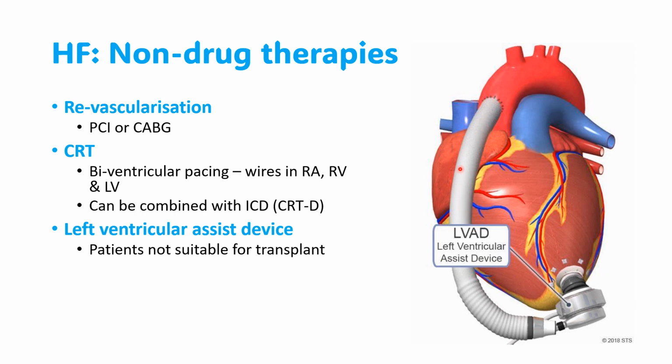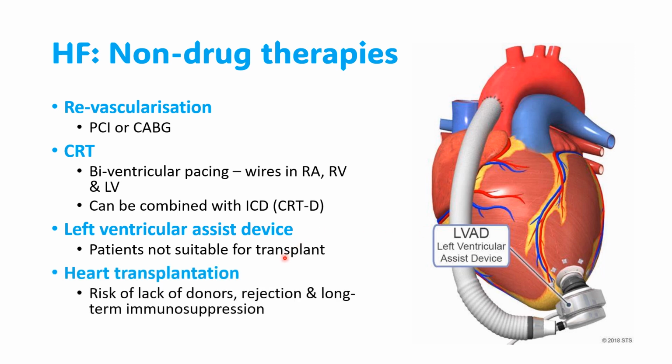And basically functions with the left ventricle to eject blood into the aorta and therefore into the systemic circulation, providing perfusion to the organs and tissues. That's typically for patients who aren't suitable for transplant. There can also be problems with transplant, such as a lack of donors, rejection, and problems with long-term immunosuppressive medications.